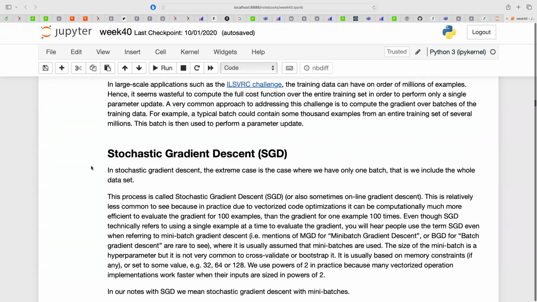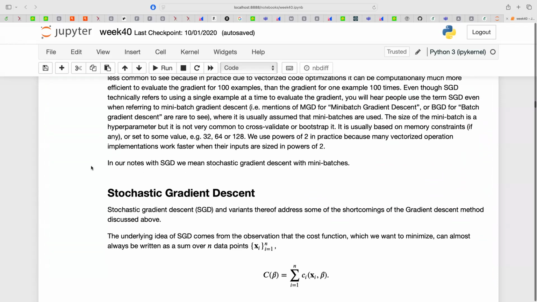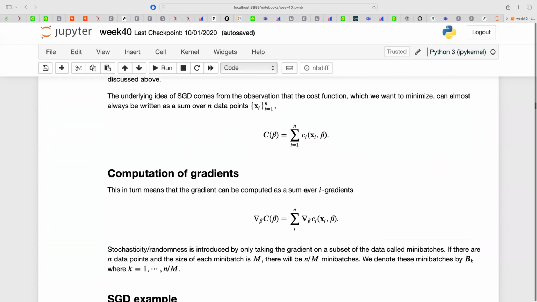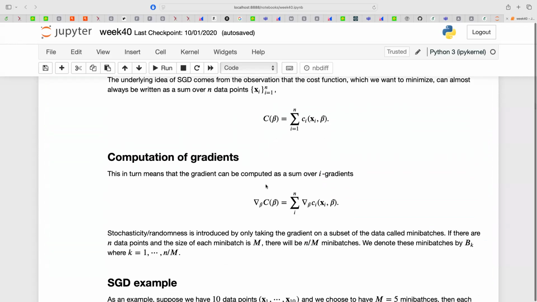In the stochastic gradient descent, instead of evaluating your cost function, which contains all the small contributions for each data point, instead of calculating the gradient the way we have done till now, where we run over all the data points.